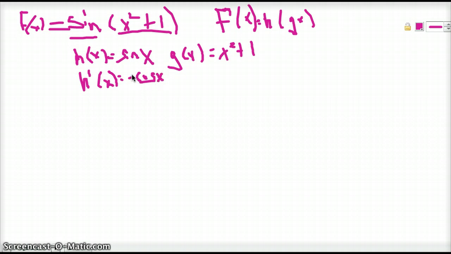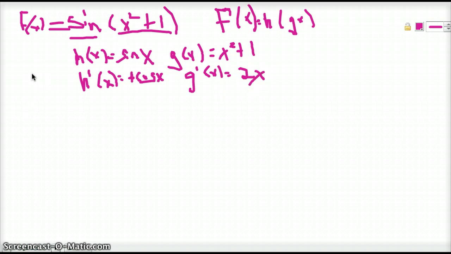Oh, I'm sorry, it's just cosine x, not negative. It's positive. Alright, and the derivative of g of x is 2x.